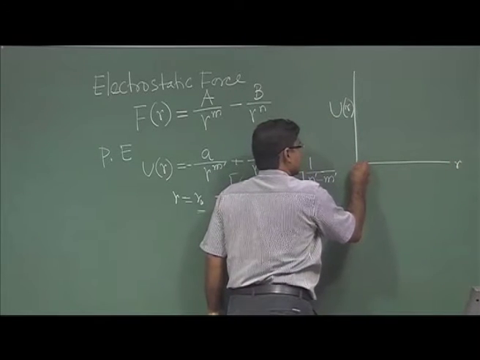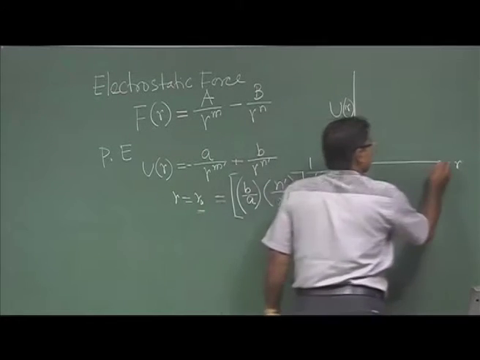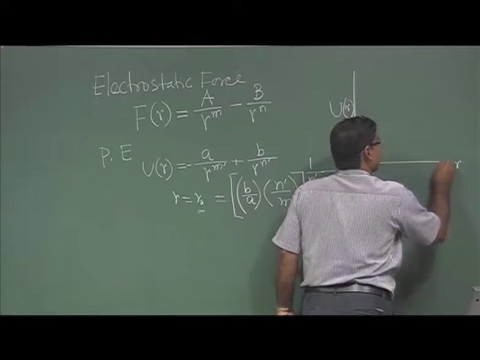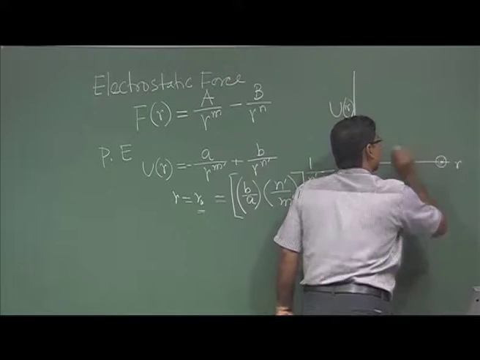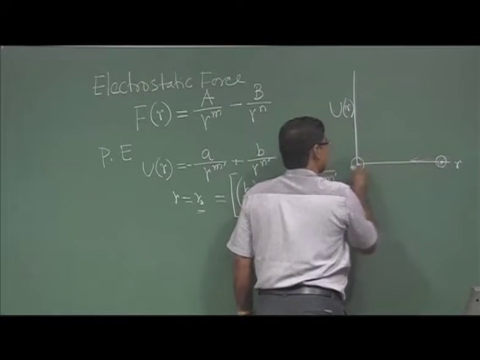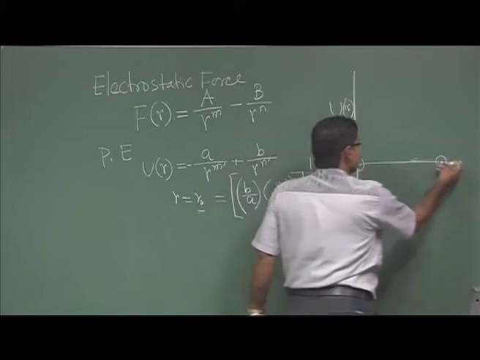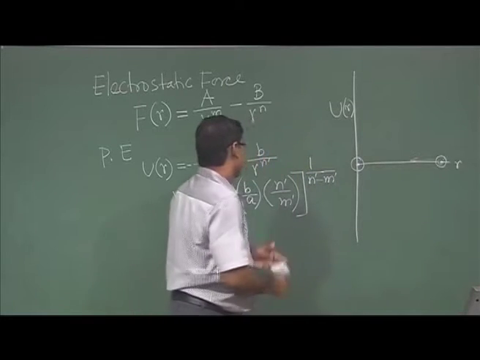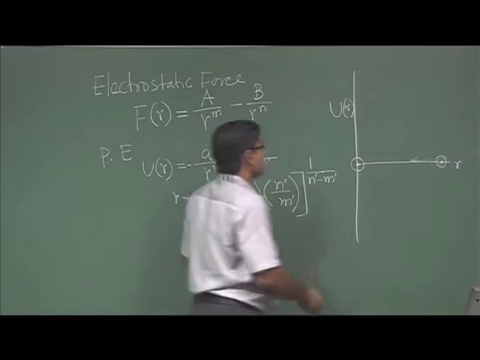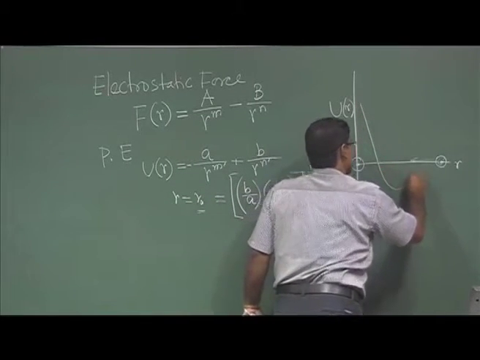So, if you think that one atom is here and another atom moving towards this atom. So, basically r is changing, and because of change of r, the potential energy will change. So, this change we have seen, it's like this.